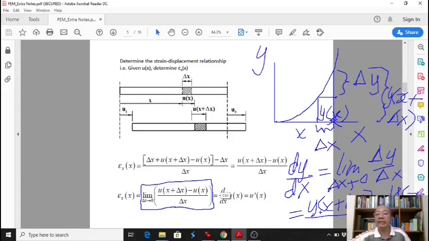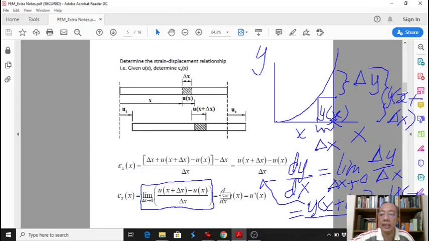Okay, so this is the definition of dy per dx: y of x plus delta x minus y of x, per delta x, is dy per dx. This looks the same. So we replace y with u.